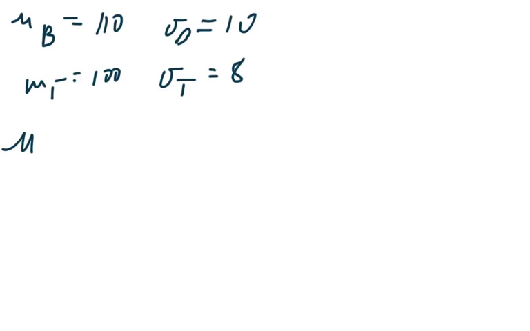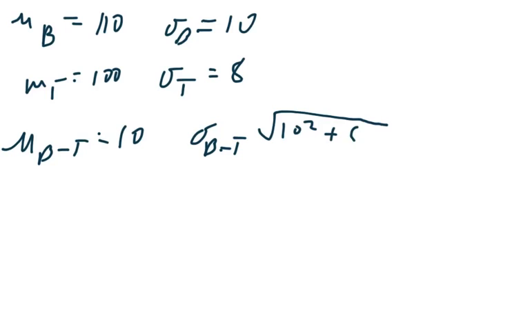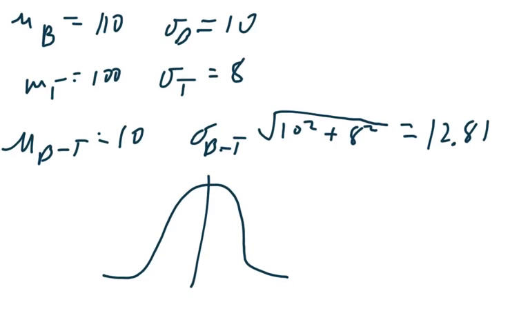And so the mean of Bob minus Tom is 10, and the standard deviation of Bob minus Tom is the square root of 10 squared plus 8 squared, which is 12.81. So since this is normally distributed, they both are. My mean is 10 and my standard deviation is 12.81.